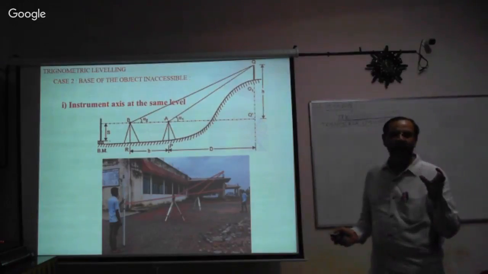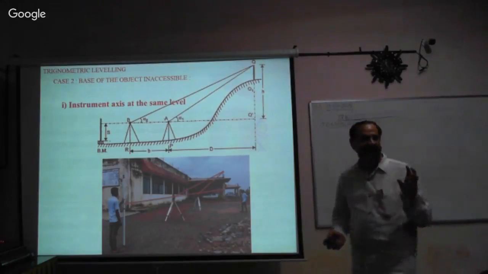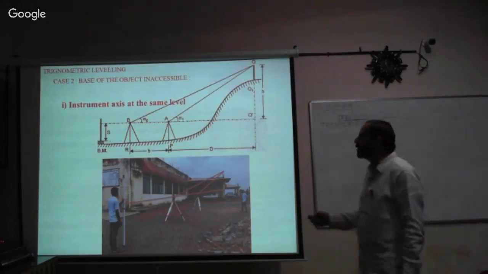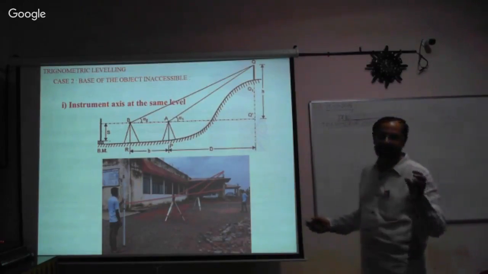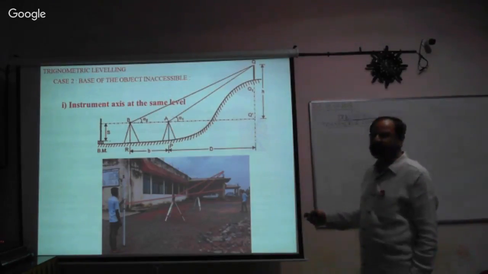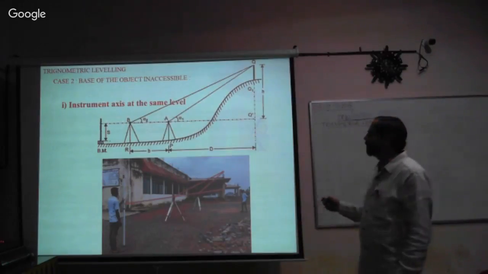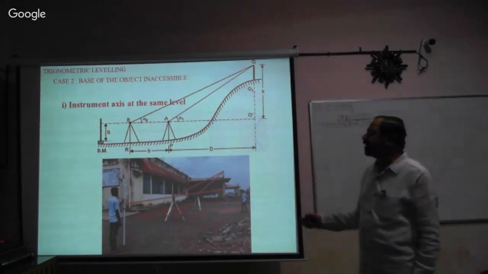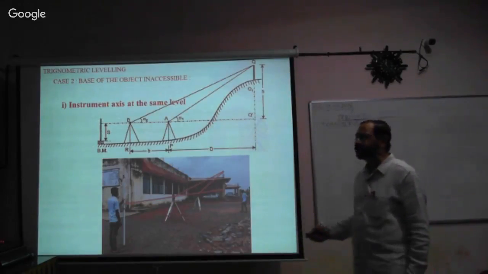When you are using the instrument and measuring the vertical angle, you must write the procedure from the examination point of view, and we should also know it. Install the instrument, level carefully, make the line of sight horizontal, and take a back sight or staff reading on the benchmark.